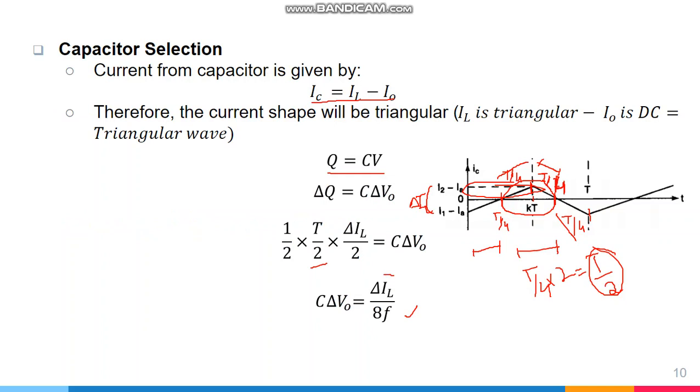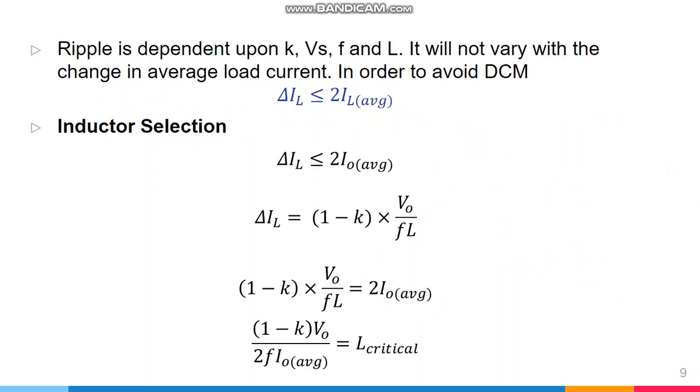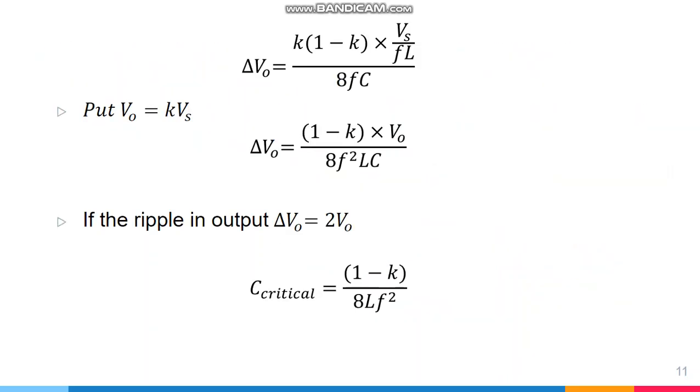Now put any of the values of delta IL over here, either the one we calculated in terms of V naught or the one in terms of Vs. By putting any of those values, the end result will be something like this.